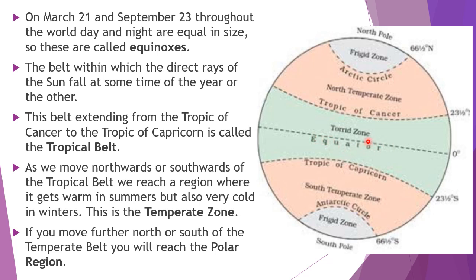At the same time, the belt extending from Tropic of Cancer to Arctic Circle, Tropic of Capricorn to Antarctic Circle, that area is called temperate zone. That means where it gets warm in summers but also very cool in winters, that area is called the temperate zone, you see that.